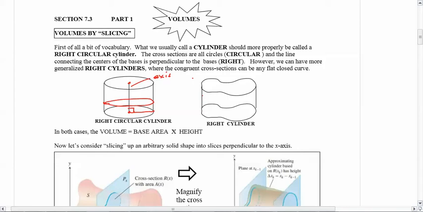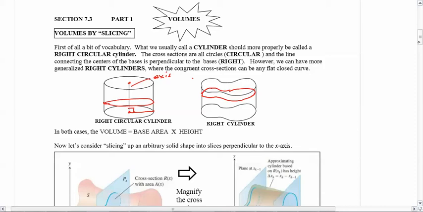And when I make my cross sections, a horizontal cut, the cross sections won't be circles, but they'll be exactly the same size and shape as either the top or the bottom.